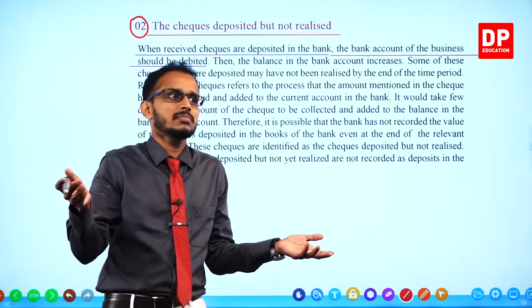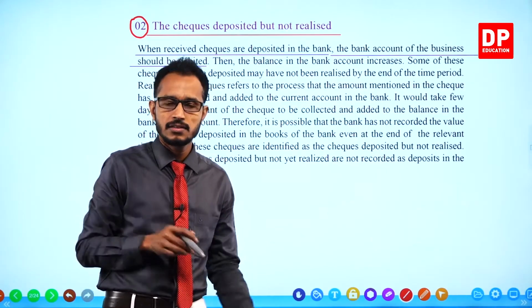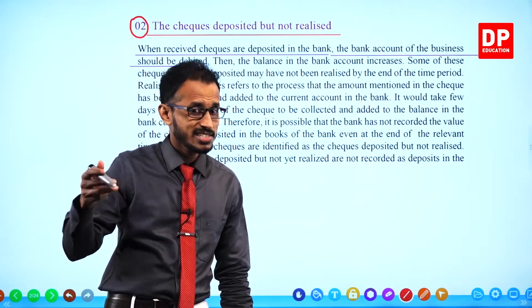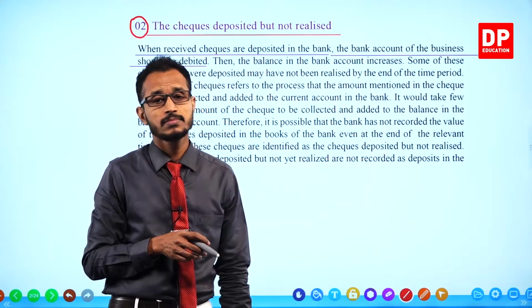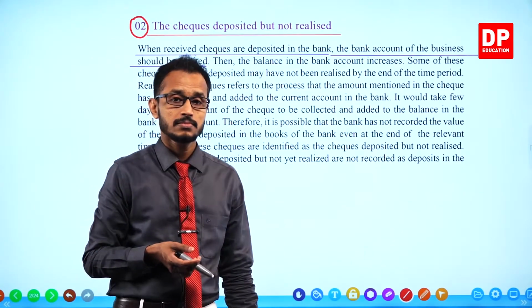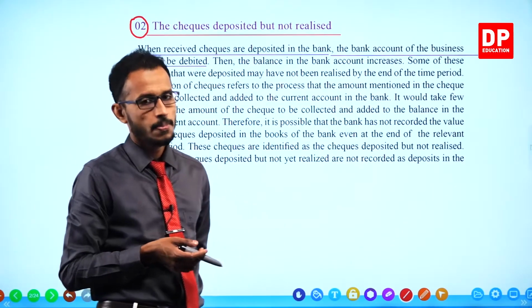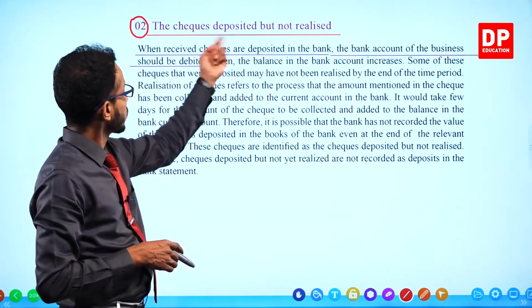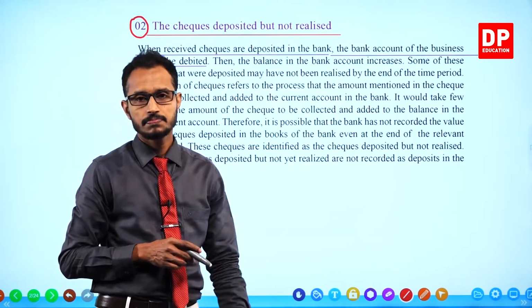Maybe they haven't been added to our bank account. Maybe those checks are still in the queue. Yes, it can happen. Those checks are known as deposited but not realized checks.